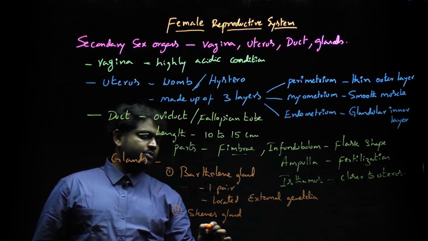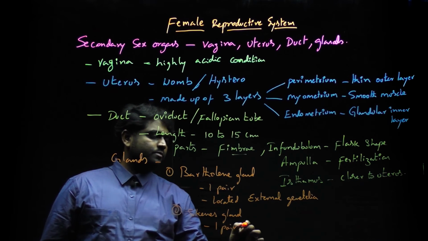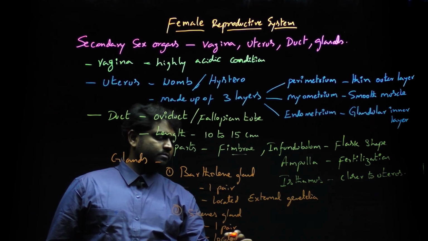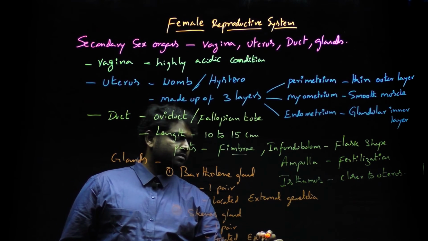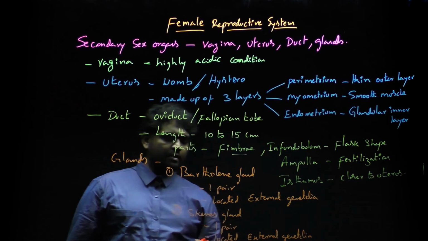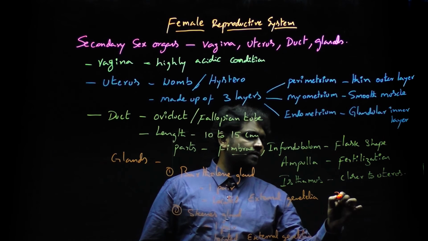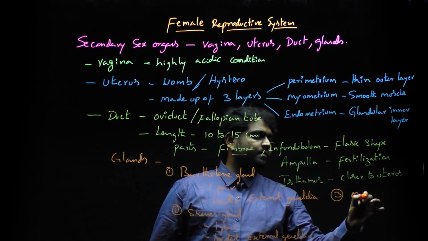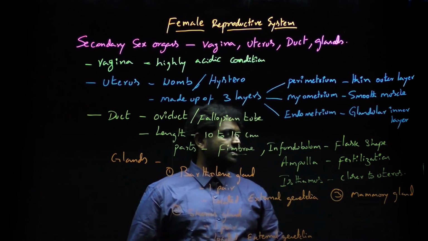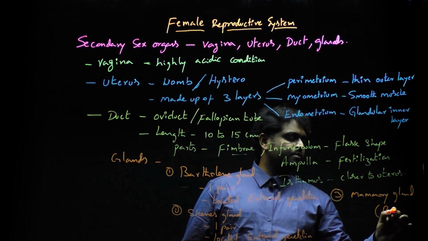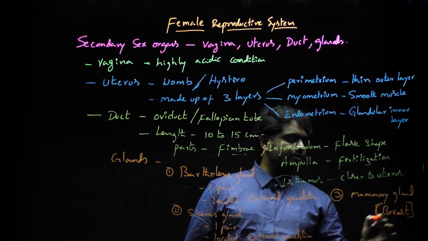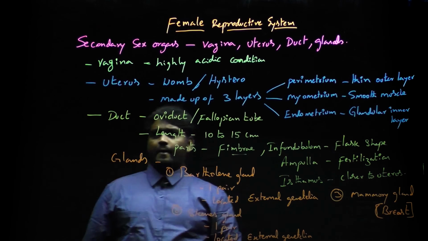These are also one pair located on the external genitalia. The third, a separate gland, is the mammary gland. The mammary gland, commonly the breast, is for feeding the baby. We will see these individually in the next videos.